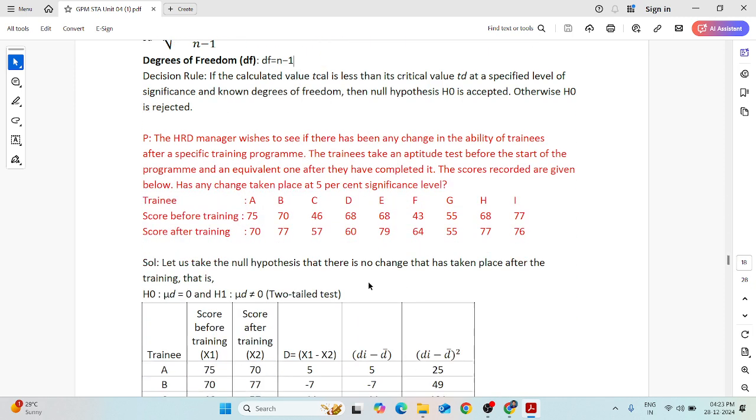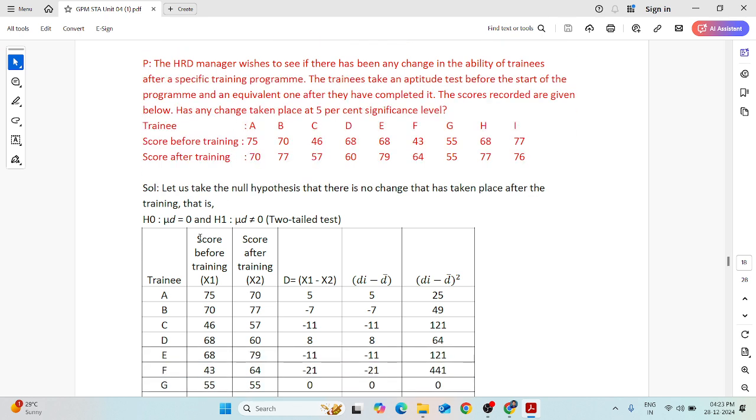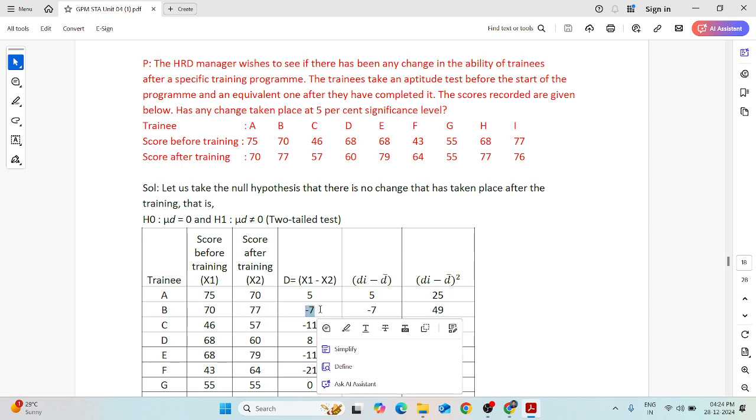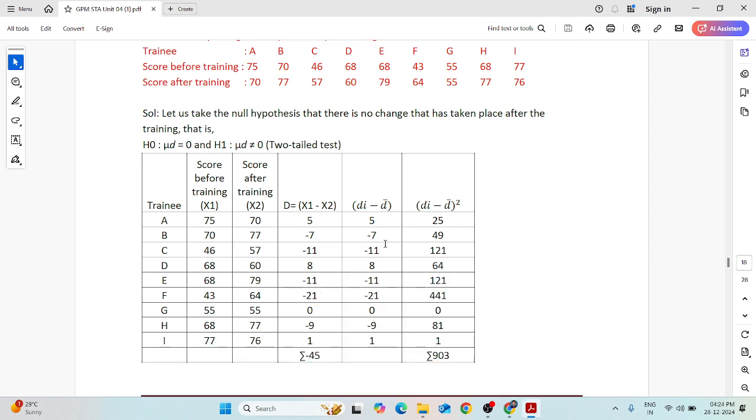So by taking a sample problem, this is the sample problem where he has given the scores before and after training: score before training, score after training. I am considering the before as x1 and after as x2. So deviation x1 minus x2: 75 minus 70, 70 minus 77 we have minus 7. Now di minus d mean.